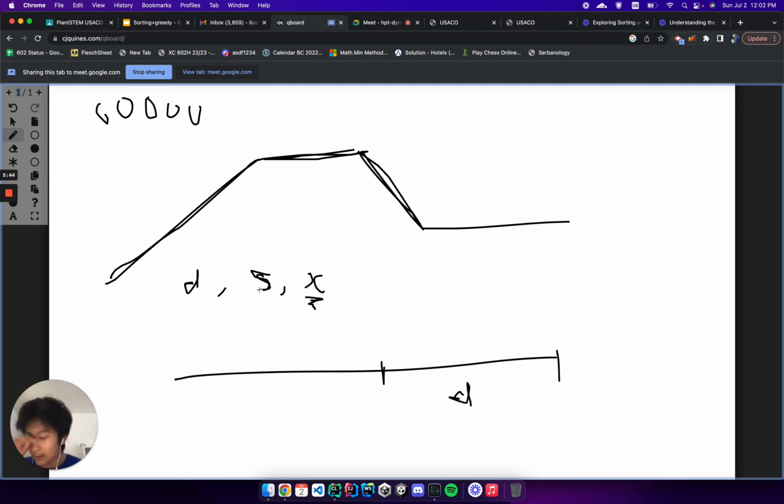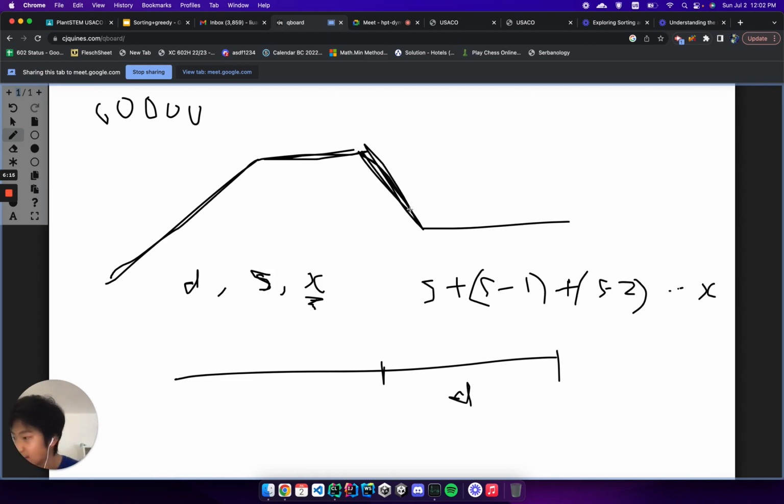Well, we know that the total distance traveled in that time when it's decreasing is just equal to s plus s minus 1 plus s minus 2 and so on, right? All the way until x, right? This is the total amount of distance we're going to travel during the time frame where we're trying to slow down.